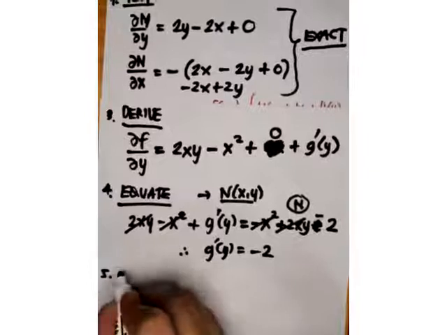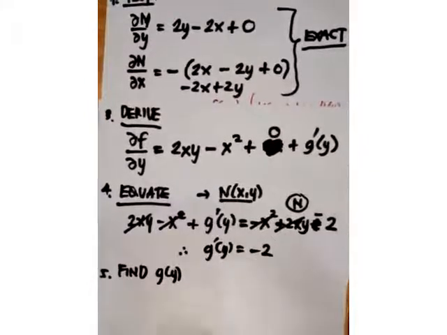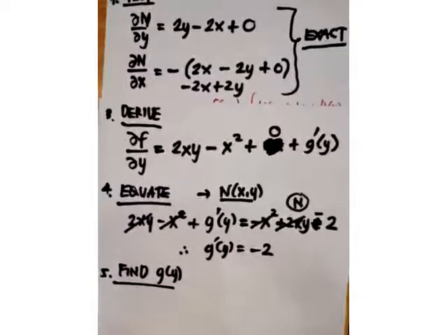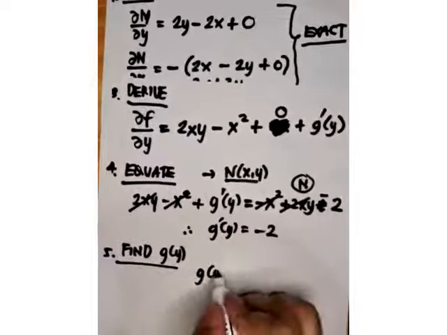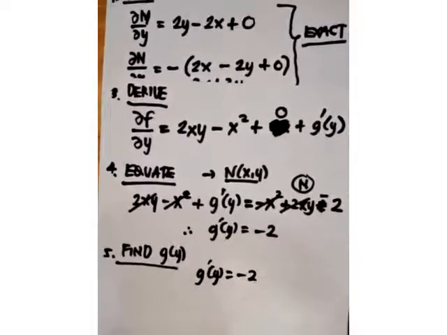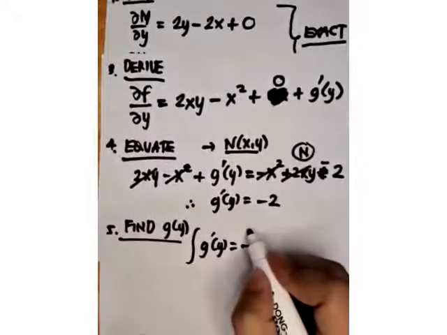Number 5. Find g of y. Ayan. Find g of y. Ang g of y prime natin ay yan. So, given natin ang g of y prime is negative 2. Anong gagawin natin to find g of y? We integrate.